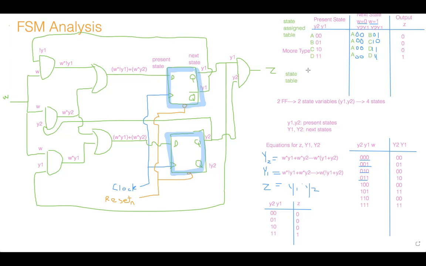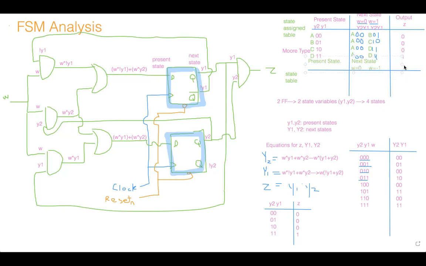So let me just draw another table line here. And similarly, it just has the present state, if you guys recall. Then we have the next state. And in our next state, we have the W equals 0, the W equals 1. So I'm going to write that here, W equals 0, and then W equals 1. Okay, and then we have our output.